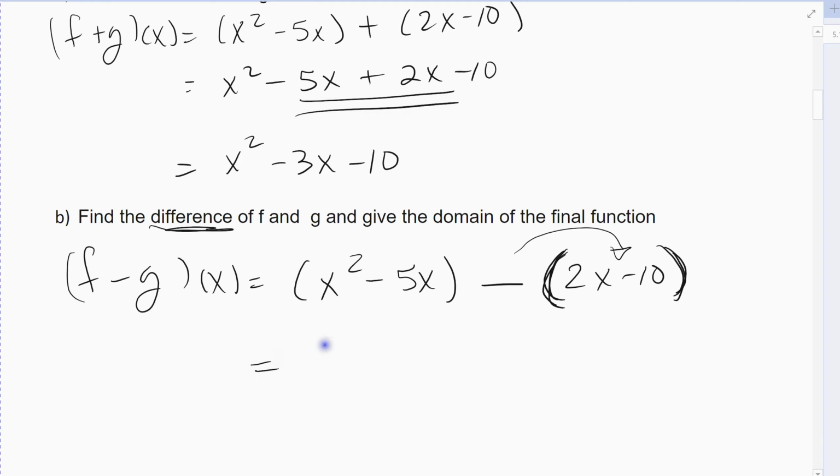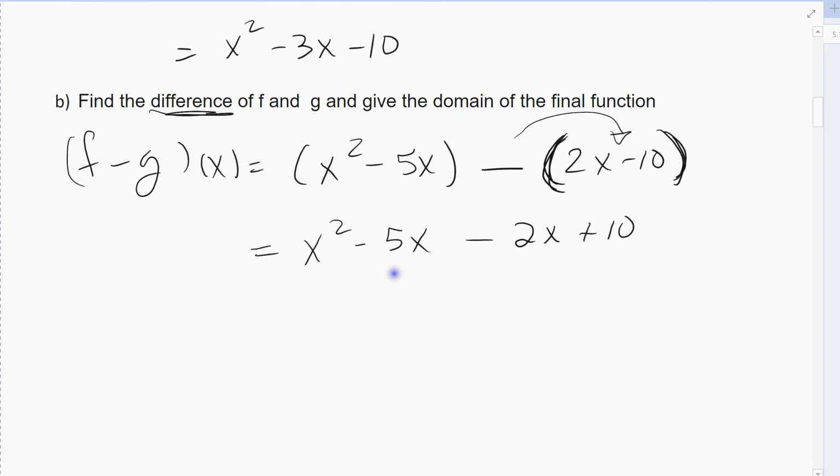The first set of parentheses you can drop, there's a 1. This is the set that's important. So I distribute my negative, so I get negative 2x. Negative times the negative 10 gives me a positive 10. And then again, the x terms are the only like terms I have, so x squared minus 7x plus 10.